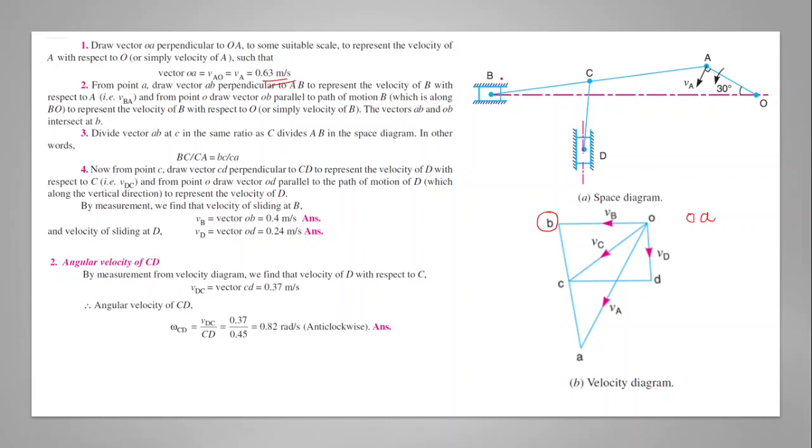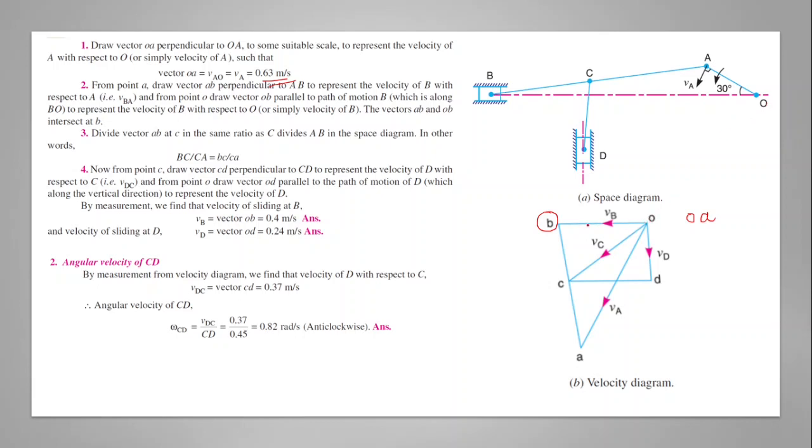So velocity of B with respect to O is always in the horizontal direction, and that must be passing through point O. Then we can draw a horizontal line, that is the line of action of B with respect to O, which is passing through O.